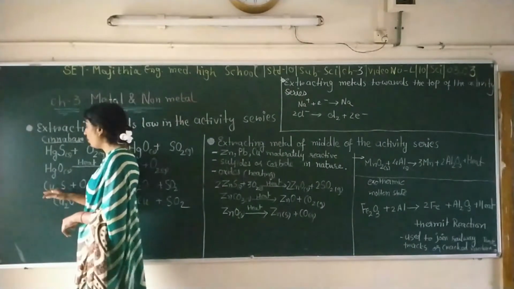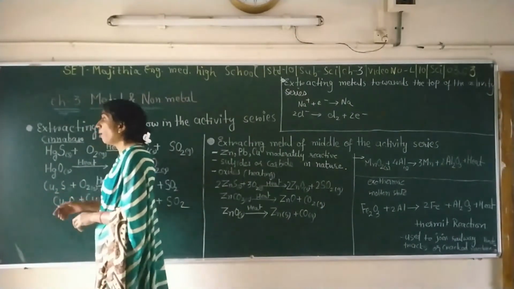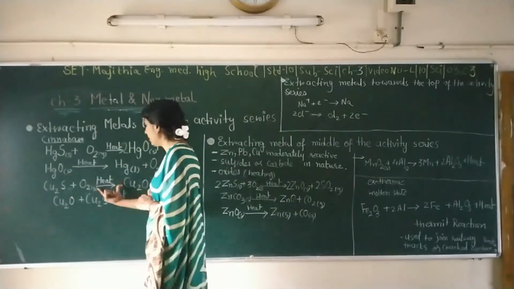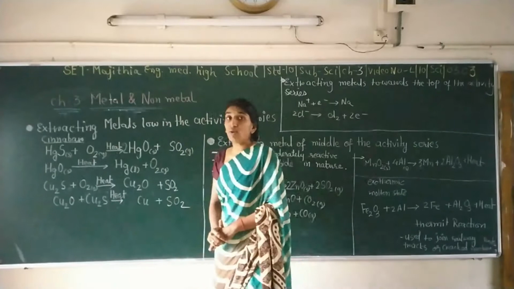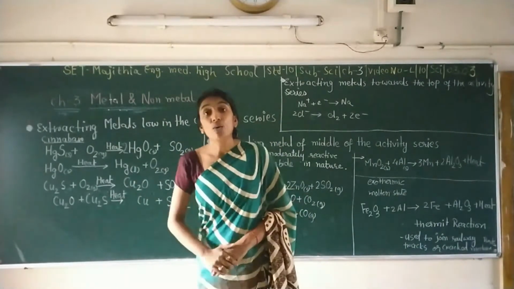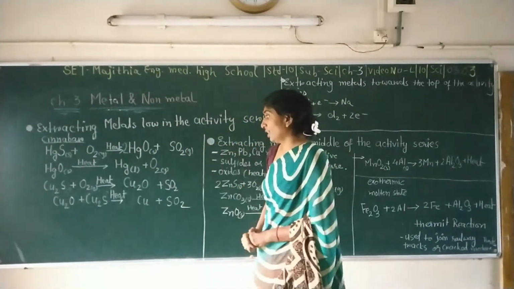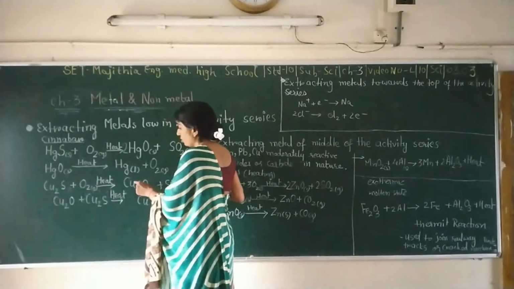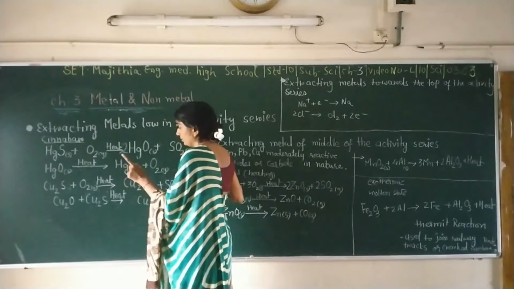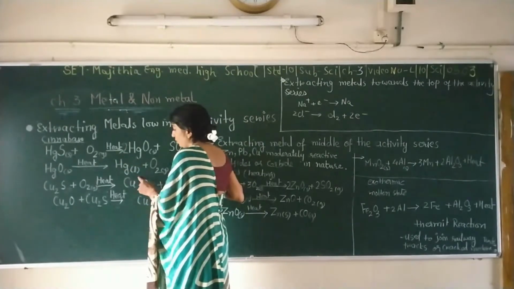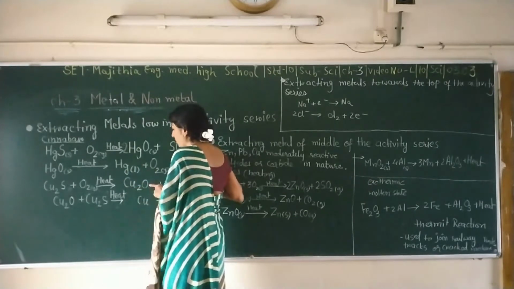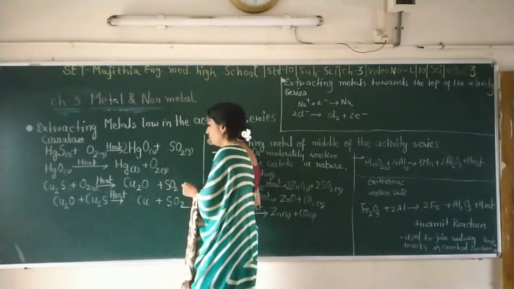Next is copper sulfide. Copper sulfide is heated in the presence of oxygen and it is converted into cuprous oxide, or let's just say copper(I) oxide, Cu2O. Copper has a charge of +1 and oxygen has -2, giving Cu2O plus SO2.